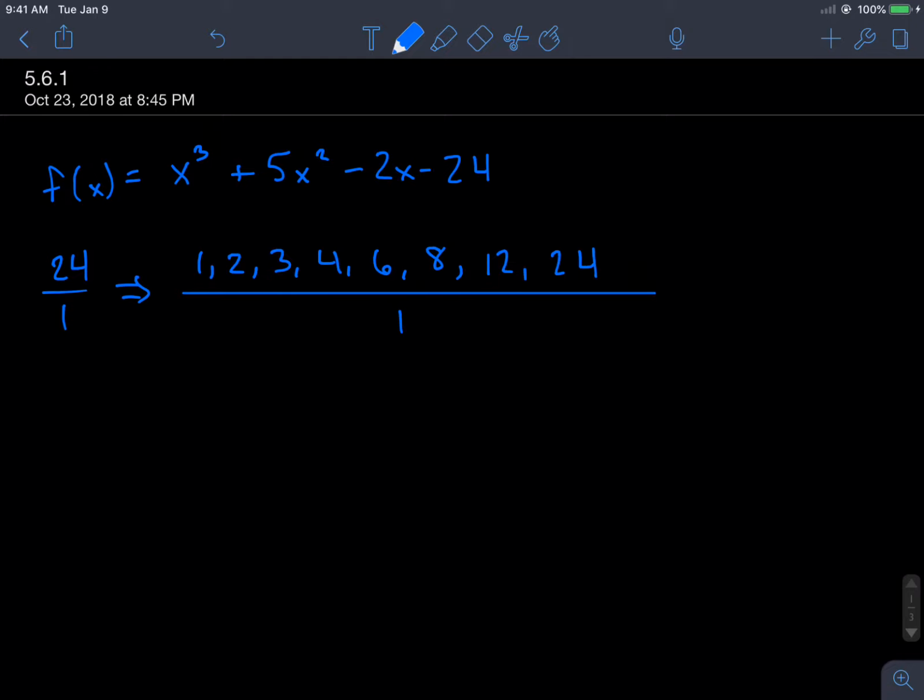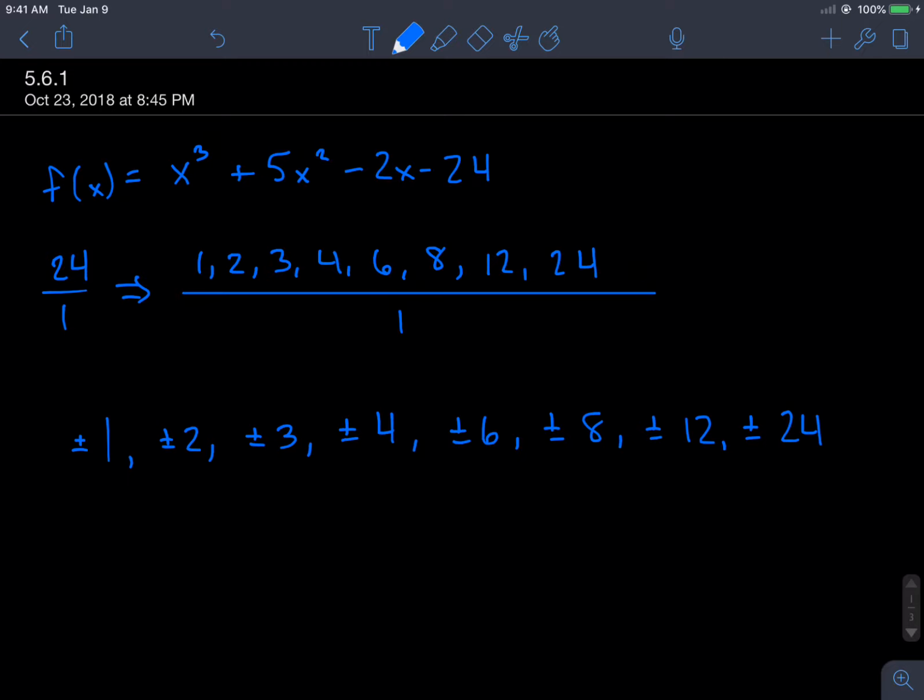So we have to take each of those numbers that are on the top, and we put each of them over the numbers on the bottom. So 1 over 1 is 1. And we're going to consider positive and negative 1. 2 over 1 is 2. 3 over 1, so plus or minus 3. 4 over 1, so plus or minus 4. 6 over 1, so plus or minus 6. 8 over 1, 12 over 1, and 24 over 1.